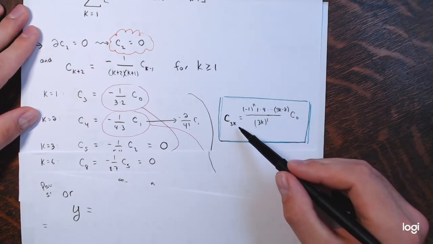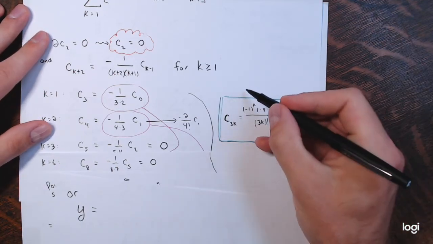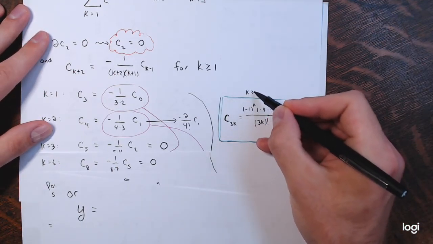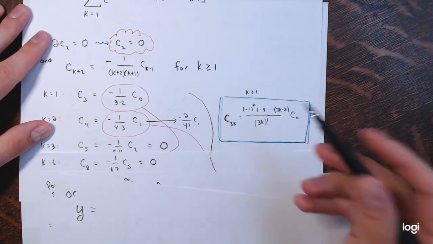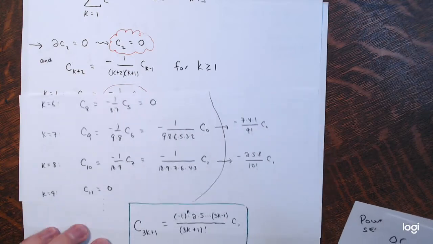Like if k were 0, no, not at all. So this has got to be for k greater than or equal to 1. Okay, so we have to start these as c3, third power and 6th power. Same thing here.